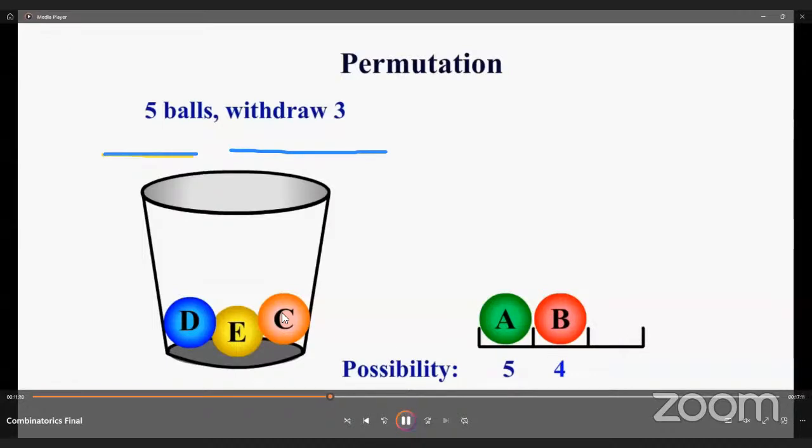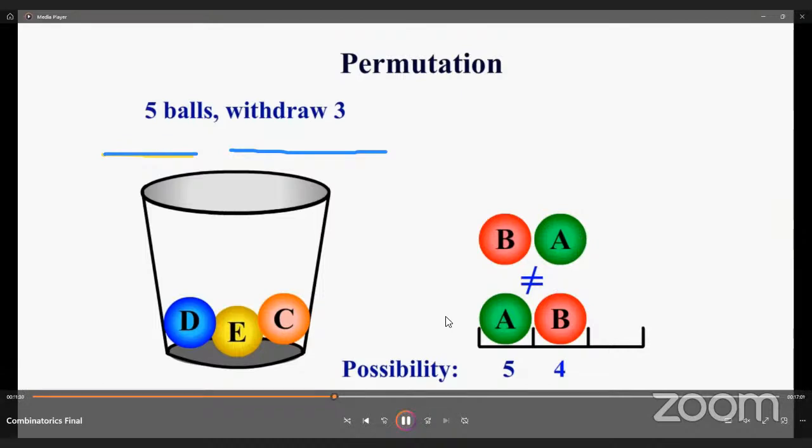And so here there are 3 possibilities. And again, here the order is important, because when you take the first one A and the second one B, that is not the same as when you take B first and then A second.